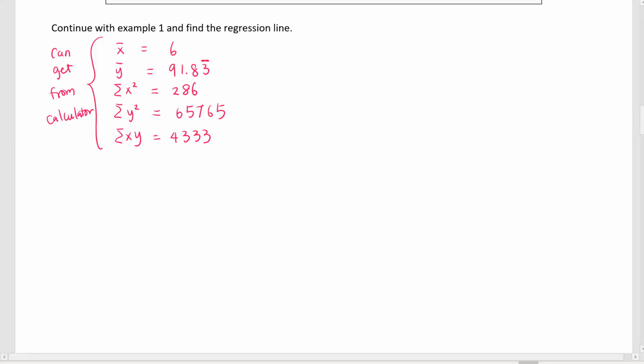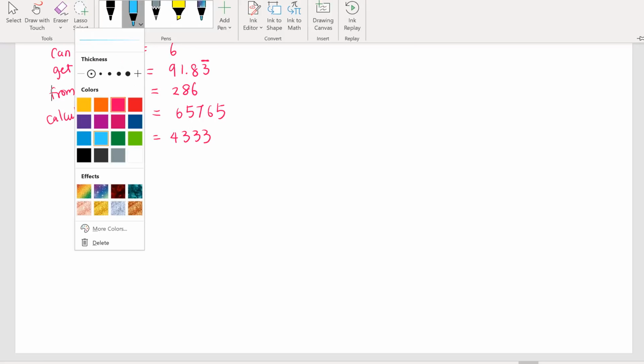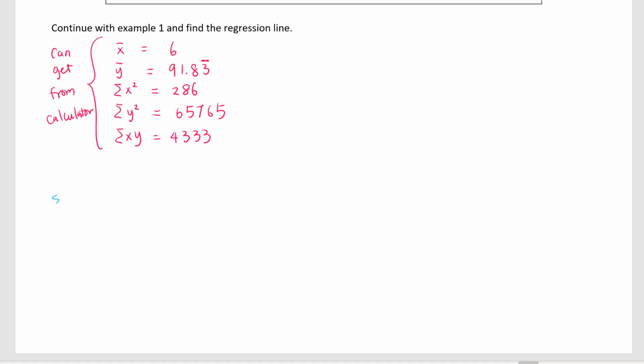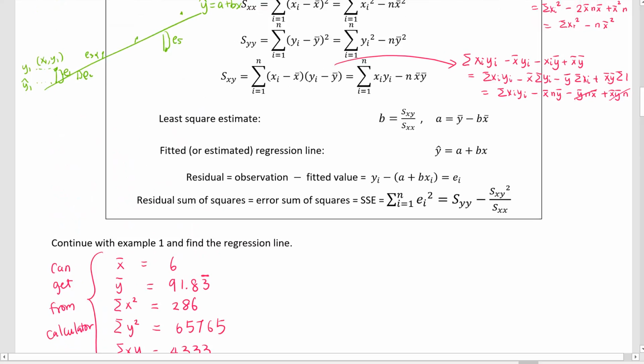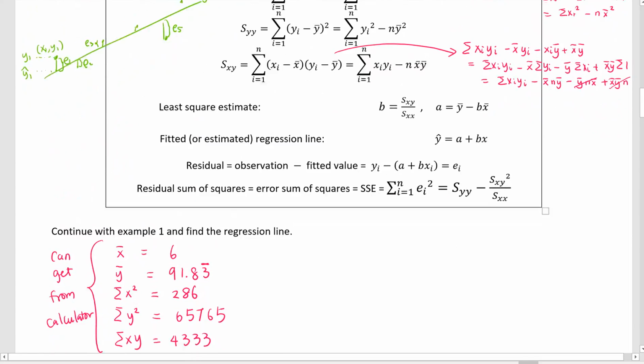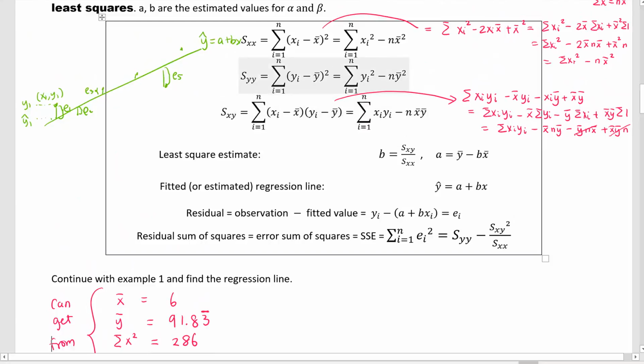Next, what do we need to show in the exam? So here you're going to show your work, in your homework or exam. Okay, so this is the work I require you to show. Once we get those values from the calculator, we can use this formula. Sxx is sum of xi squared minus n times x bar squared.